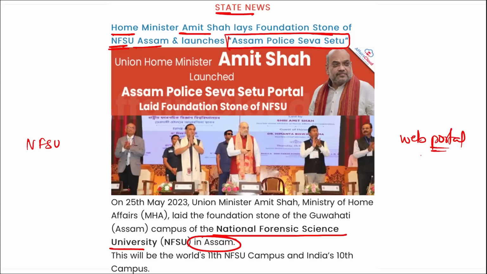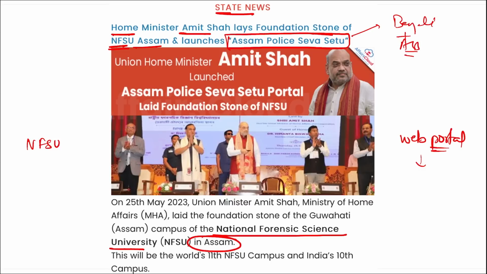Correct? Then if we talk about this Assam Police Seva Setu, this is an initiative of the Assam government that will serve as a digital interface between the citizens and law enforcement. The portal will be available in both Bengali and Assamese languages.